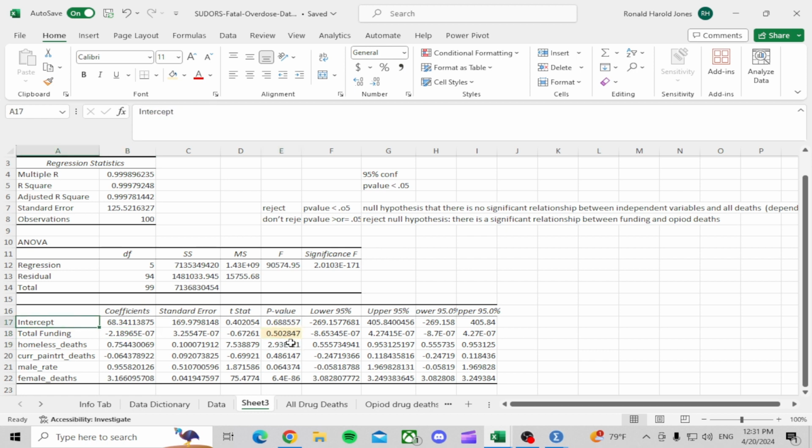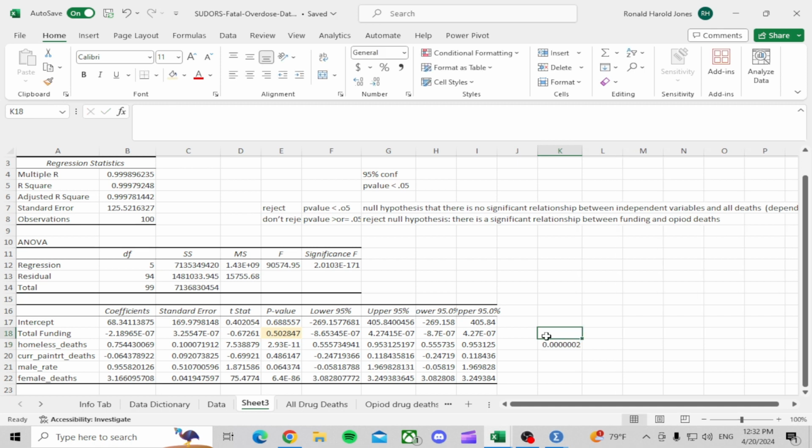Our intercept, like our constant, whatever. Homeless deaths. Now this is a huge significance here. For every one person that's homeless, all deaths increase by 0.75. Anyways, the p-value comes out to like 0.000 with 10 zeros and then a 2.